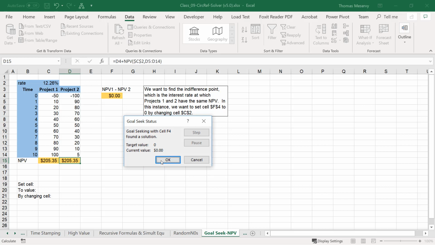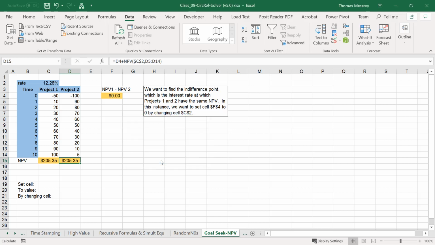You saw that it iterated. You could almost see it substituting in the different rates as it got closer and closer. It looks like we reached the target value there. Here, it looks like when the cost of capital is 12.26%, that's when it doesn't matter which project we choose.